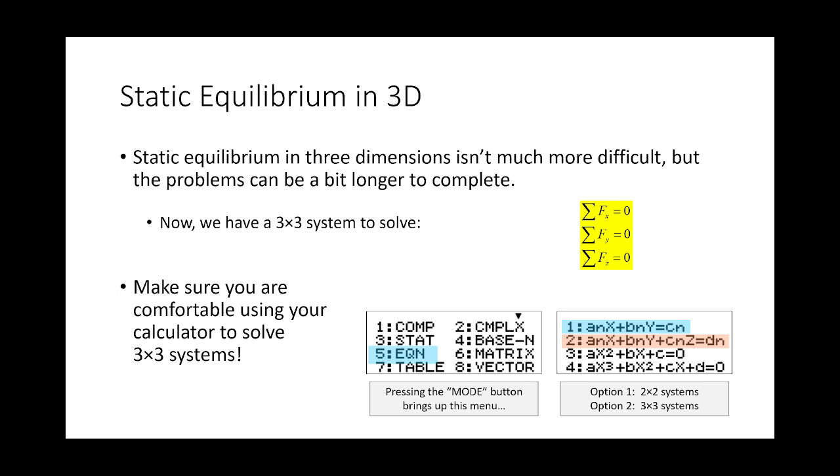If you remember, on the Casio, you go into mode 5, and we did option 1 to do 2x2 solutions. You all have guides on how to do this for different calculators on Teams. Today, we're going to do option 2. That'll be 3x3 solutions. Same process, same concept, it's just a little bit bigger, okay? So, any questions?